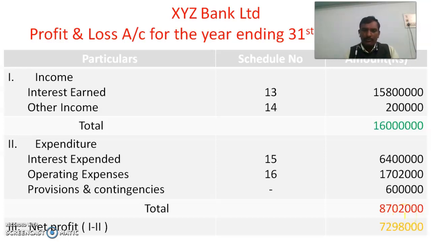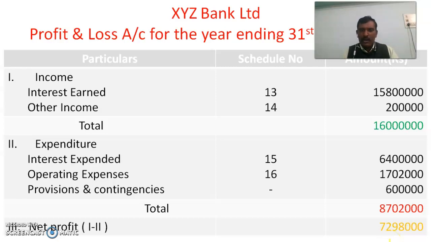Then, based on these two parts, total income and total expenditure, we have to subtract this total expenditure of rupees 87 lakh 2,000 from total income rupees 1,60 lakh. Then we will get rupees 72 lakh 98,000, which is the net profit. So by subtracting part 2 from part 1, we get the part 3 amount, that is 72 lakh 98,000.